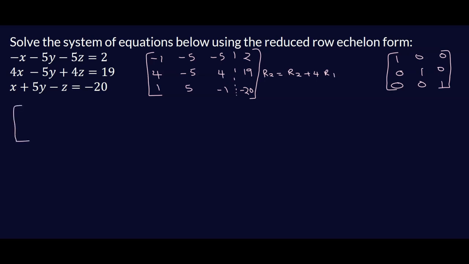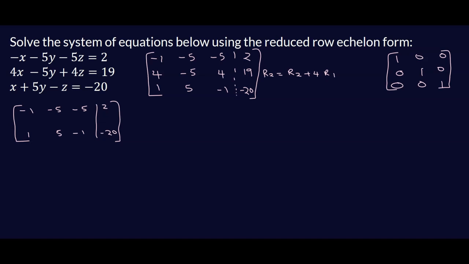Because we're dealing with row 2, we're going to just go ahead and leave row 1 the way it is. -1, -5, -5, and then we have 2. We go ahead and leave row 3 the way it is as well. 1, 5, -1, and then we have -20. So now what we're looking for here is row 2 is equal to row 2 plus 4 row 1.